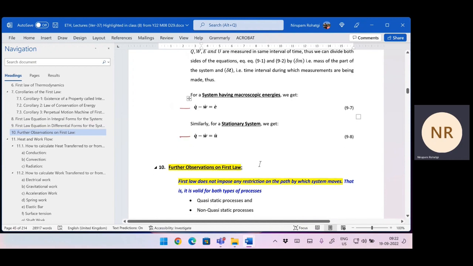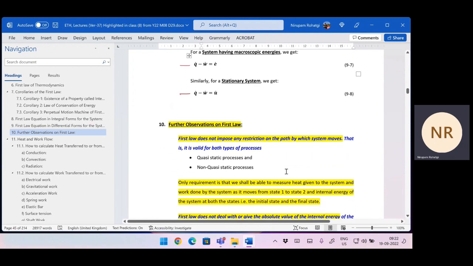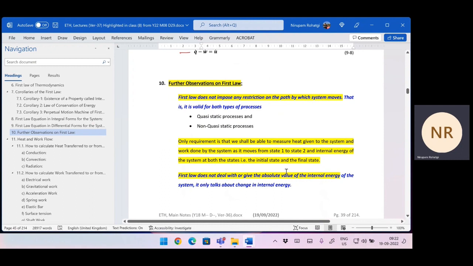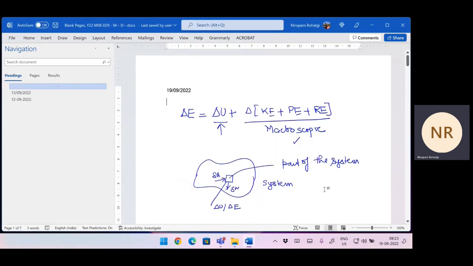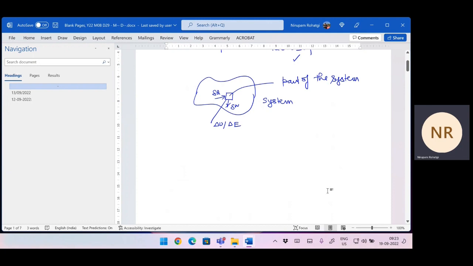Now, we have some more observations about the first law. It says that the first law does not impose any restriction on the path by which the system moves. When we are moving from state 1 to state 2, I told you there are two types of processes: one is a quasi-static process, and the second is a non-quasi-static process. We drew the diagram like this.